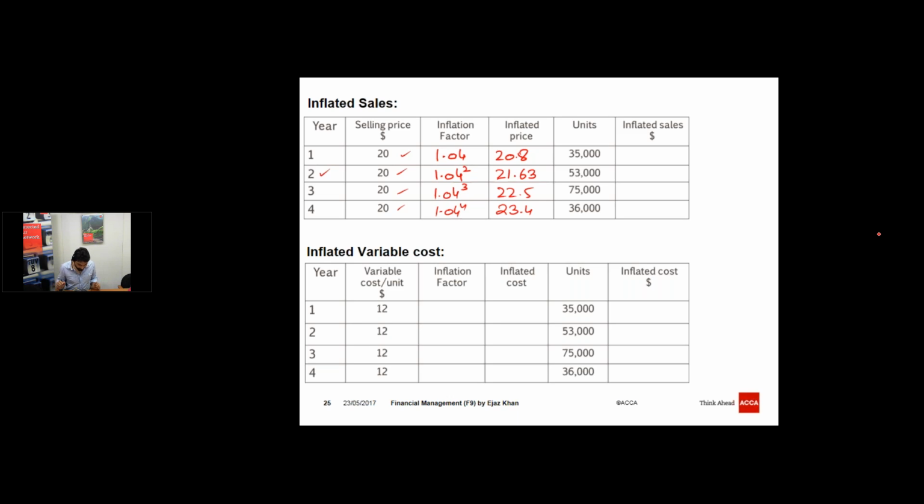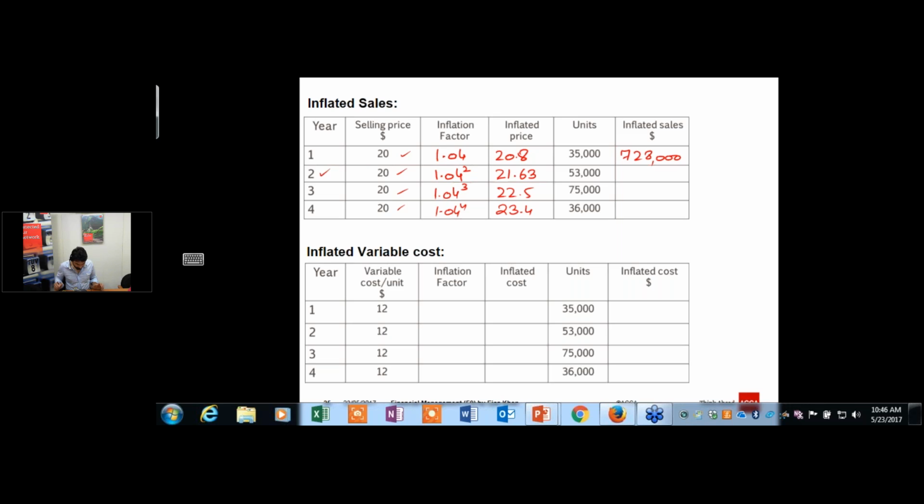One by one, for year 1. 728,000. Okay, for year 2, kindly mention the year with the figures.